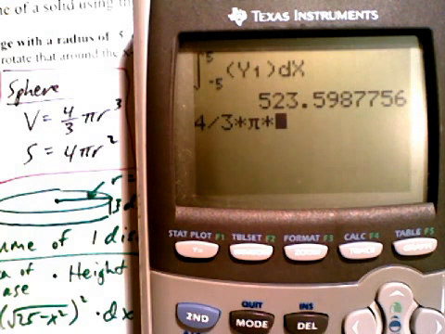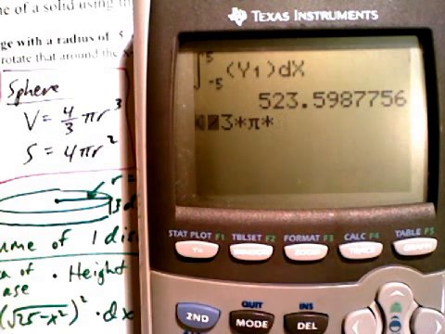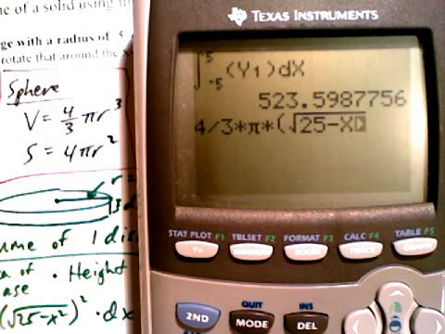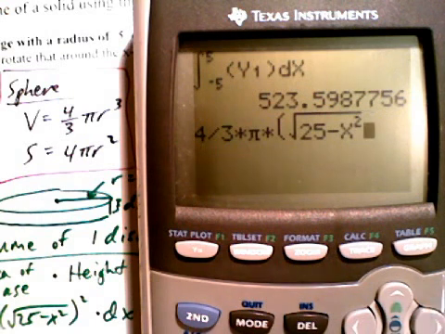And r, remember, was the square root of 25 minus x squared, and that's raised to the third power.